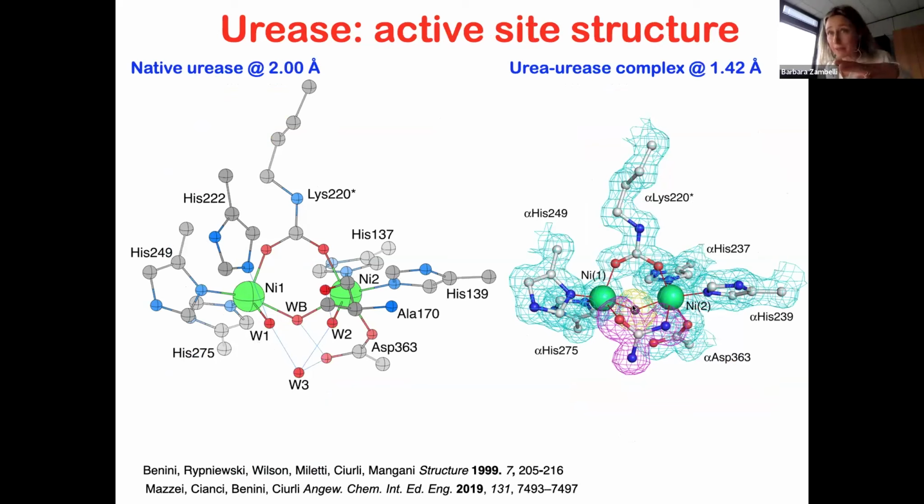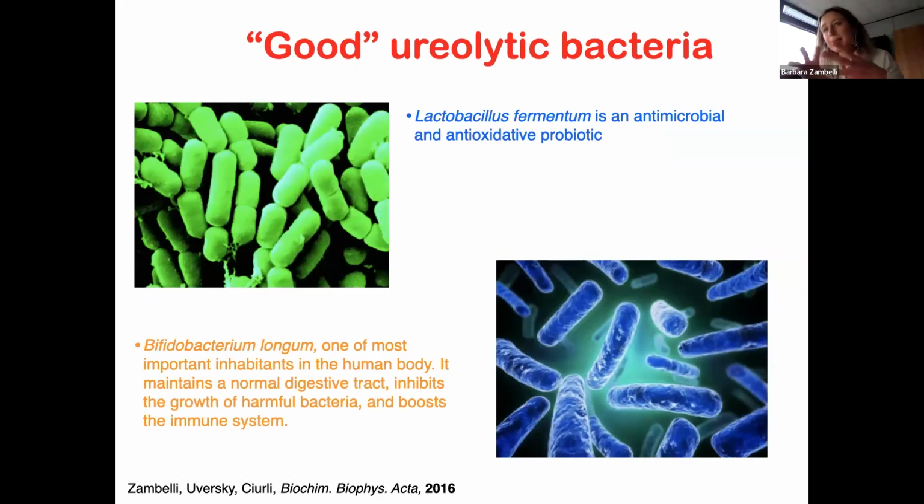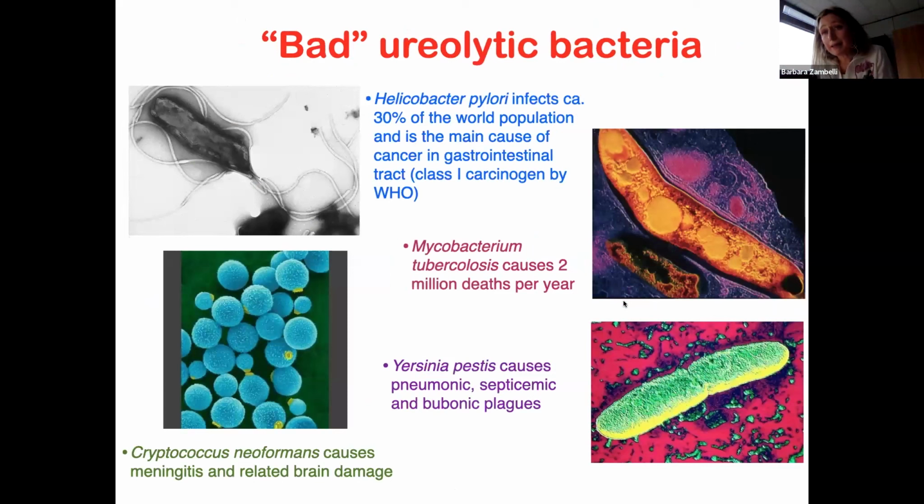The enzyme is strictly dependent on the presence of nickel ions in its structure, and it's present in many bacteria. Many of them are good for us, like bacteria present in our gut, but many other bacteria are dangerous for our health. Some examples are Helicobacter pylori, which infects about 30% of the human population, Mycobacterium tuberculosis, as I mentioned before, Yersinia pestis, the causal agent of plague, and even fungi.